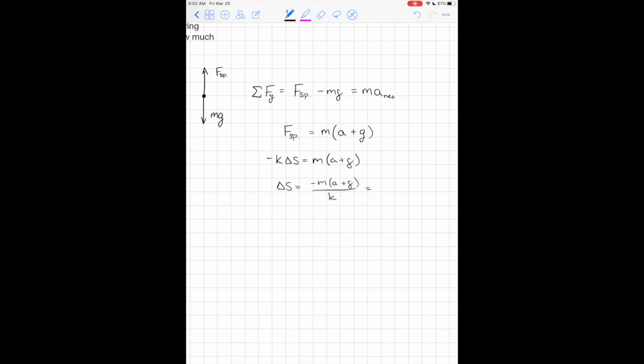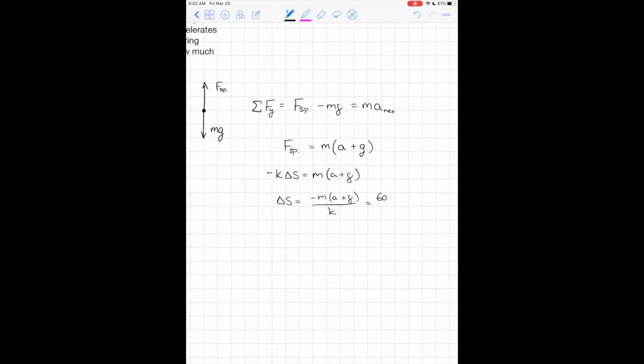If I plug some numbers in, I have 60 kilograms times 3 plus 9.8. That's all in meters per second squared, over 2,500 newtons per meter. I'm going to throw a negative sign there.